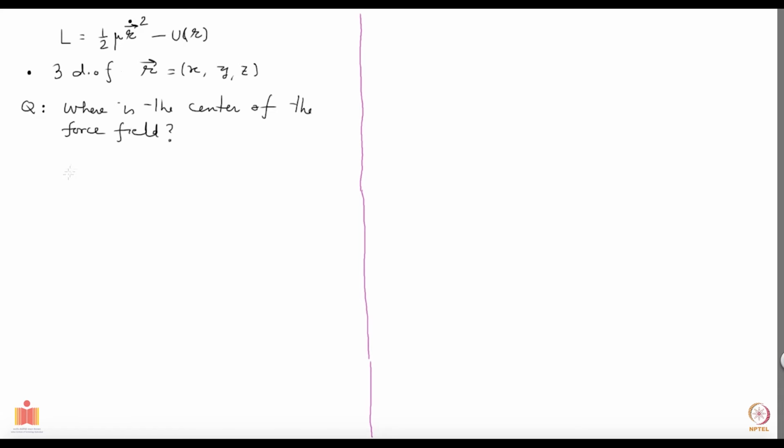Okay, that's easy to find out. Let's recall the expressions which were relating r1 and r2 to capital R and small r.